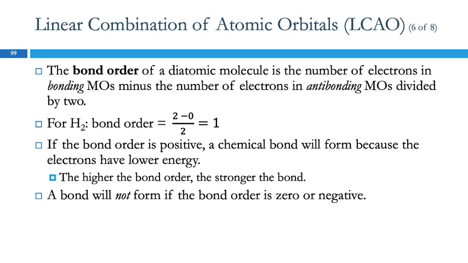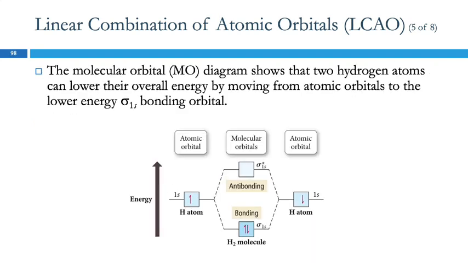So it's kind of a weird average. Here we're going to look at this molecular orbital diagram, and we've got 2 electrons in the bonding orbitals, and we have none in the antibonding. So 2 bonding, 0 antibonding, divide that by 2, and that comes out to 1. So this has a bond order of 1.